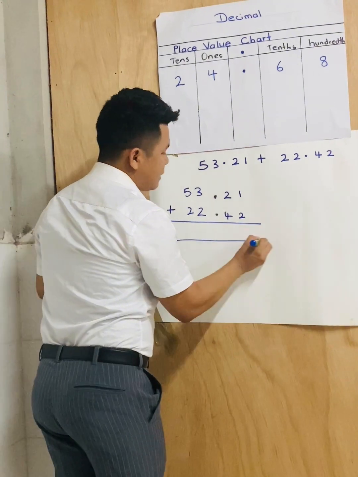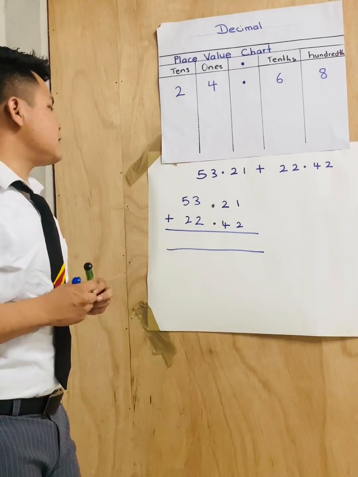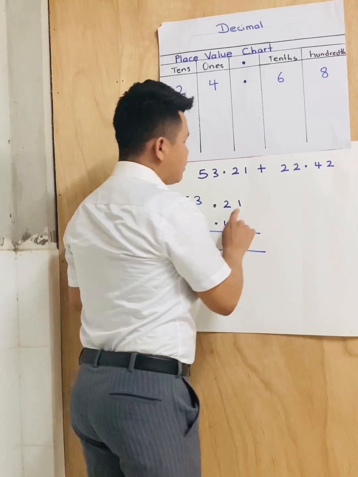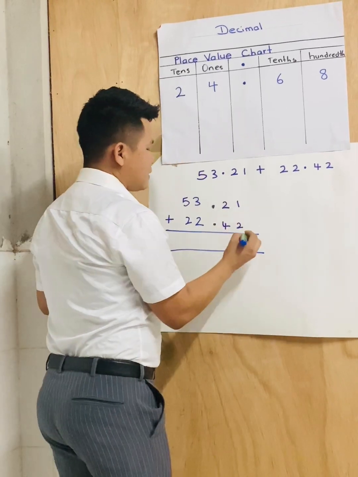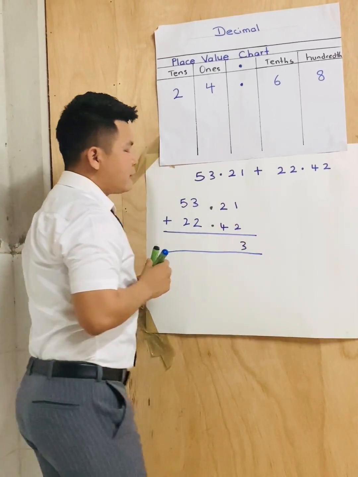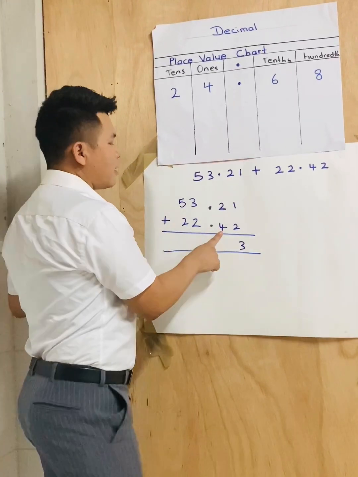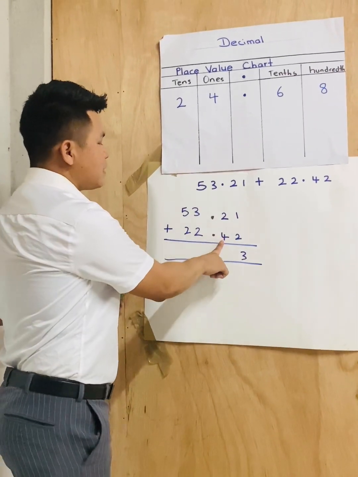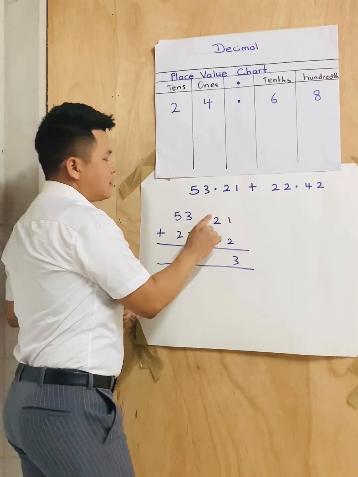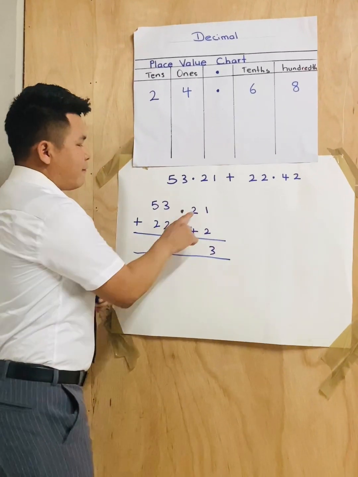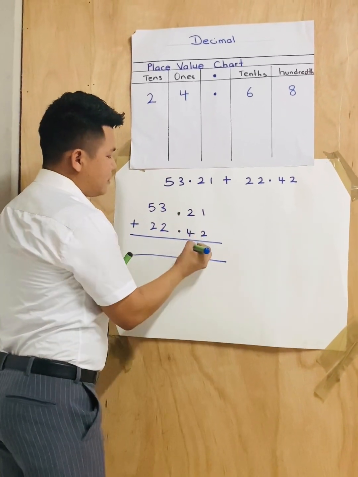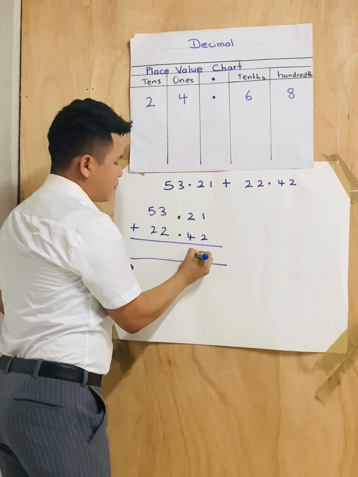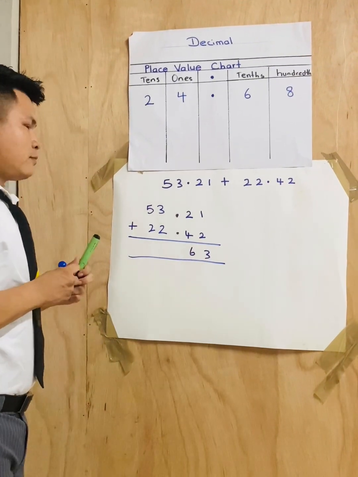Now we are ready to add. Let us add. 2 and 1 would give us 3. Remember, you can call yourself the big number and add the smaller number to yourself. So let's call ourselves 4 and 2. 4, 5, 6. Good. Now look at this.